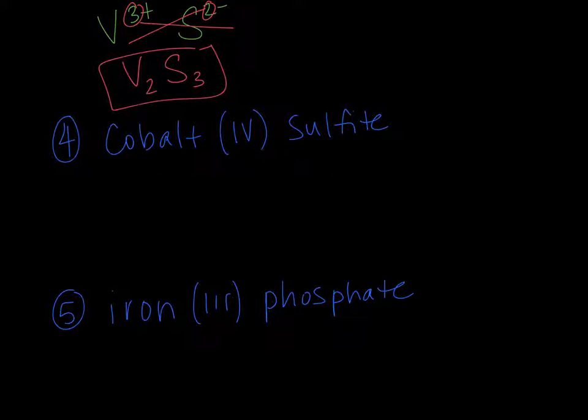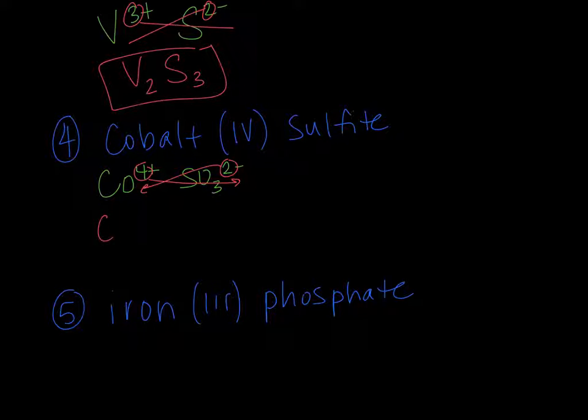All right, and then next we have cobalt 4 sulfite. So cobalt 4 is Co4 plus. Sulfite is SO3 2 minus. Oh, I'm sorry, that's SO3 2 minus. And so I'm going to cross these charges down.